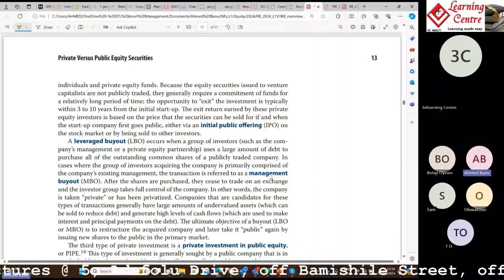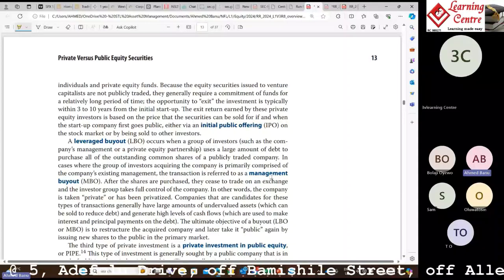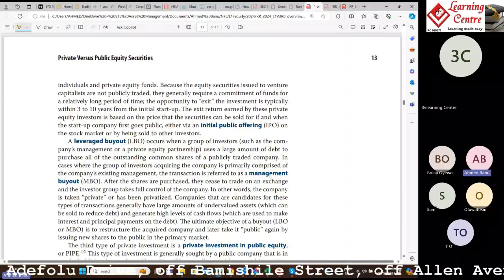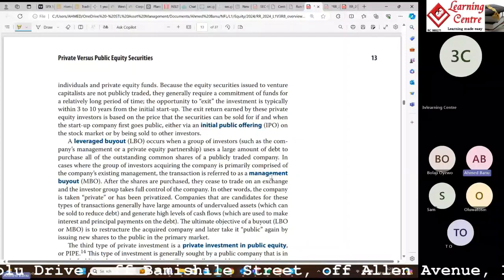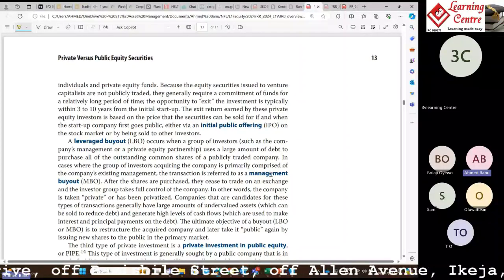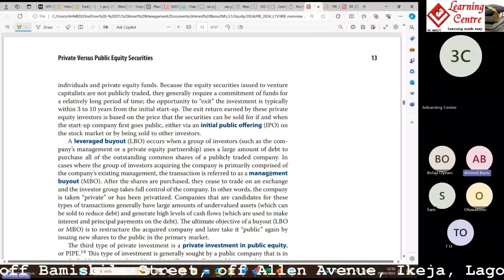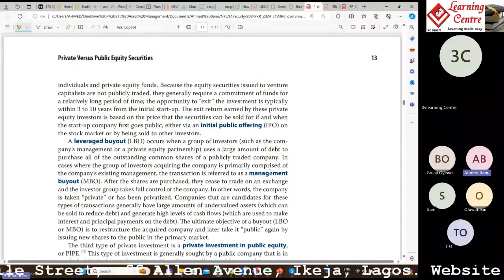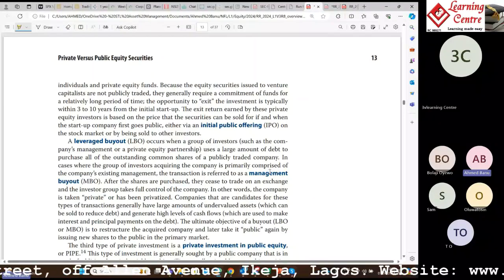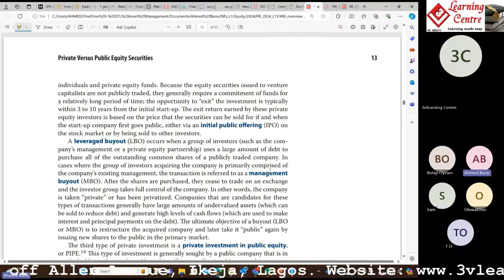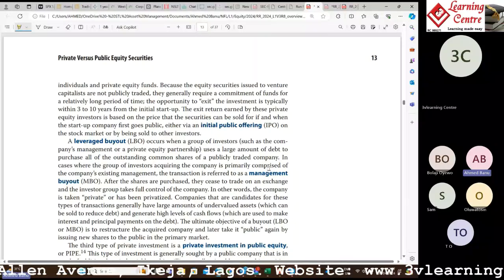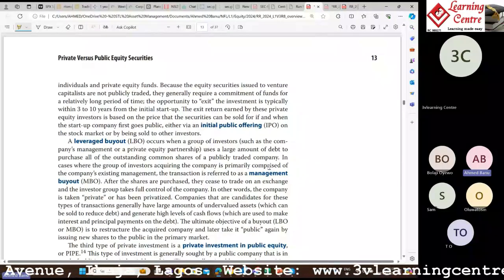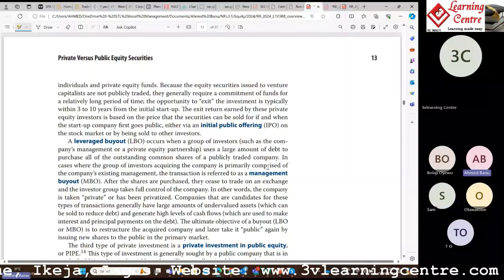Another one is called management buyout. A typical example is my organization. Sometime in 2012, we used to be a subsidiary of Skybank. And when Sanusi said banks should divest, the management of Skybank decided to do what we call a management buyout.